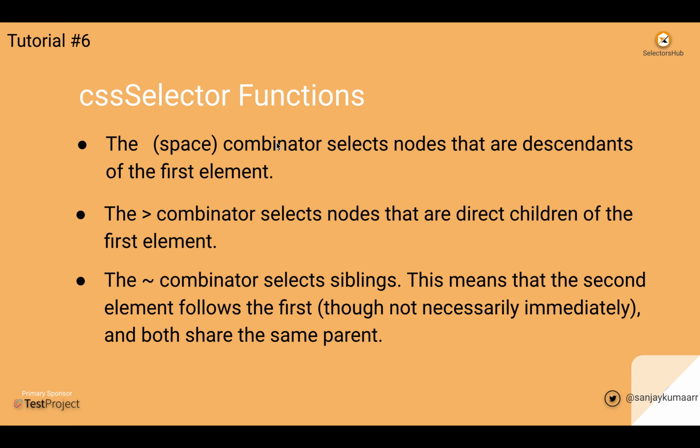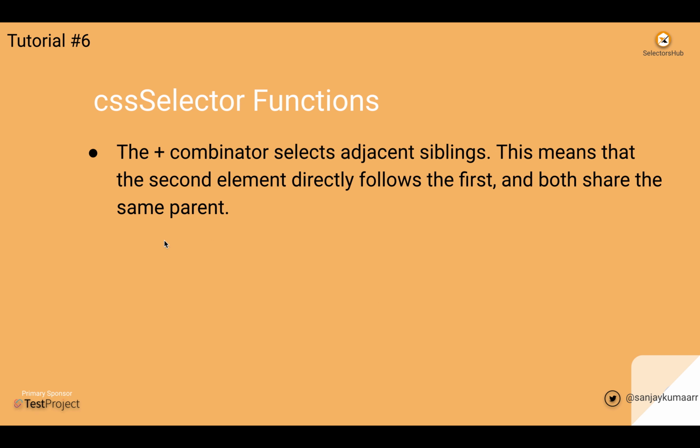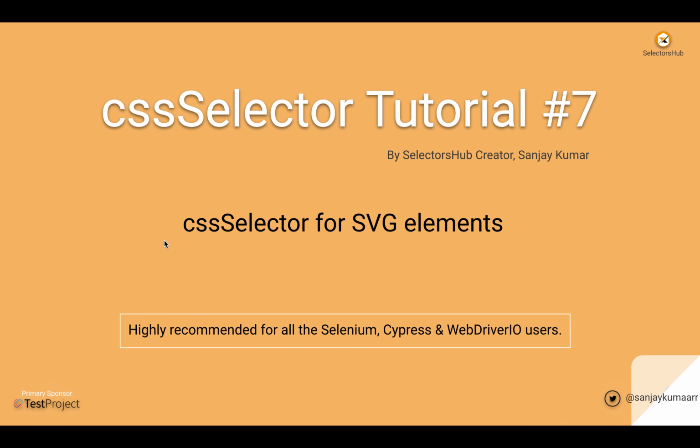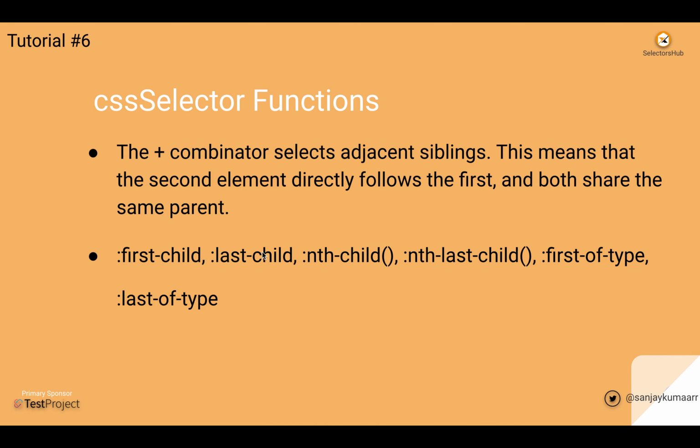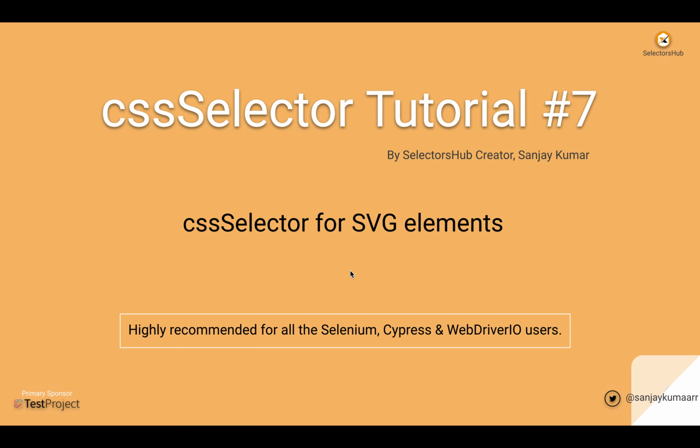So this space tutorial will solve all your problems. The rest are good, and sometimes we will use the arrow as well. The rest are good for knowledge purposes, and first child, last child, and nth child are also good. Okay, thank you. In the next lecture we will learn about svg elements.